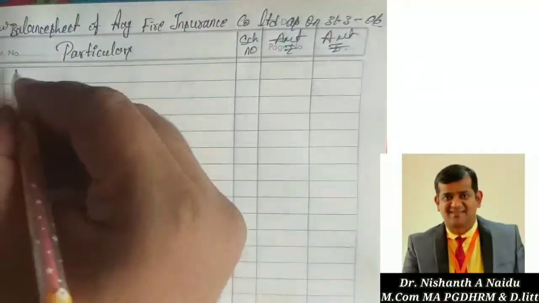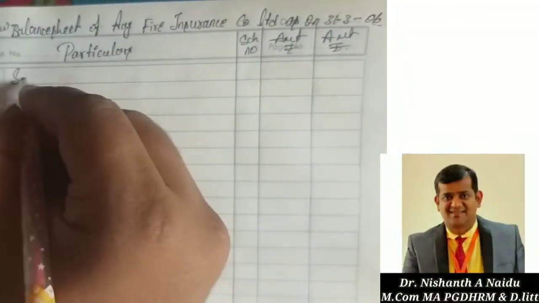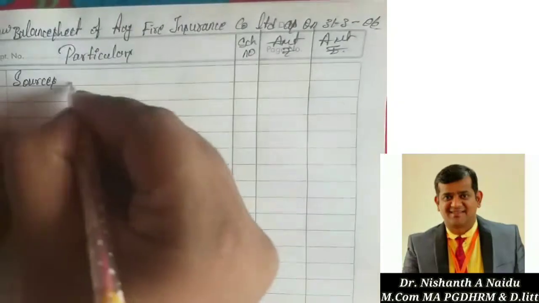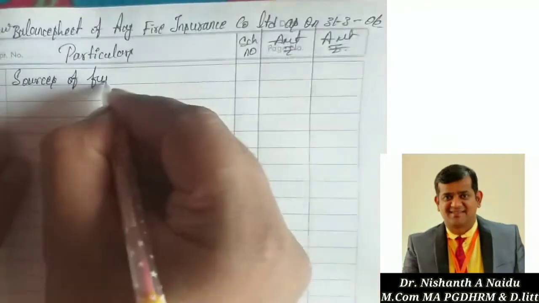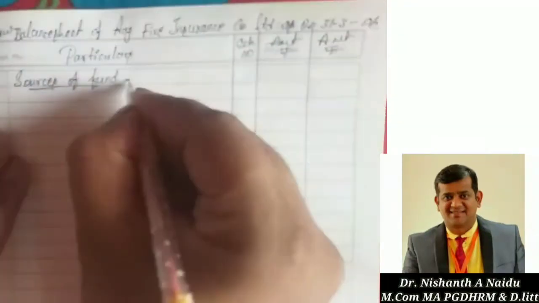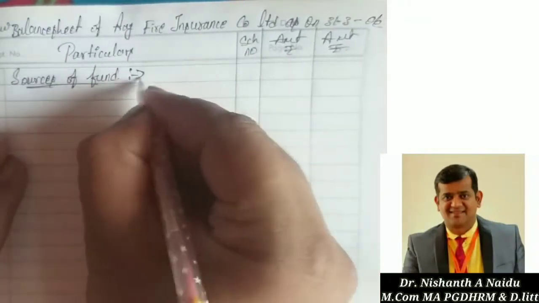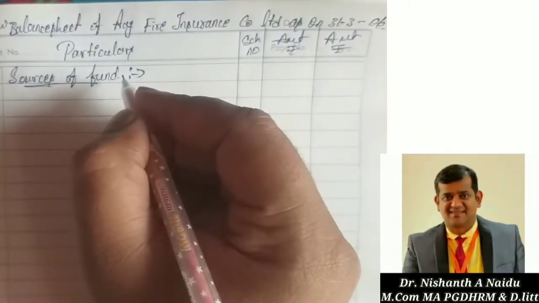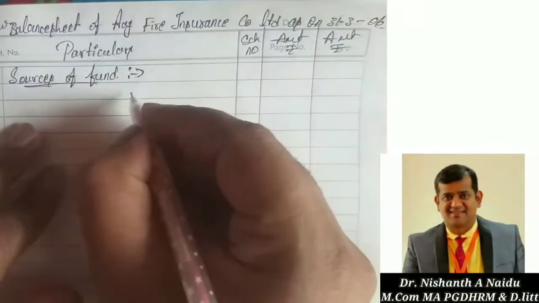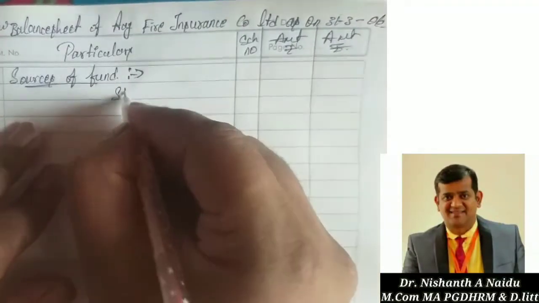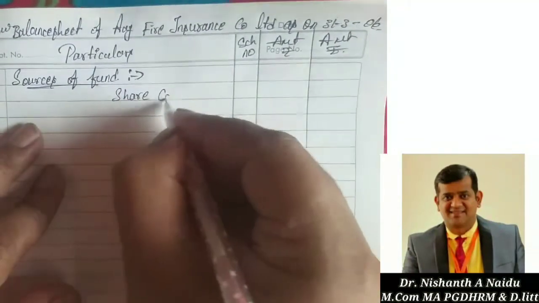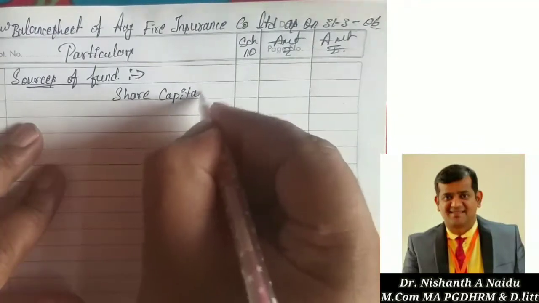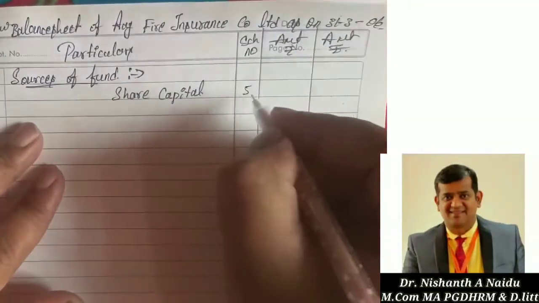So under that, first we always write sources of fund. Sources of fund means from where we have arranged the money for the business purpose. Okay, so the first item is share capital, schedule number 5.